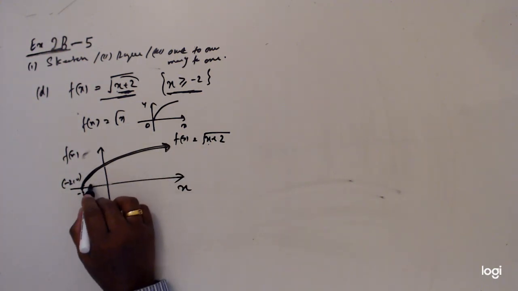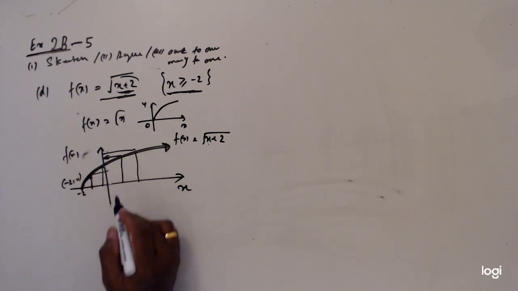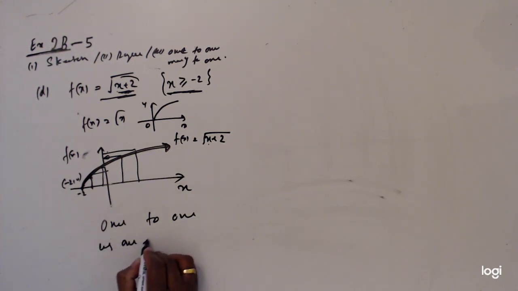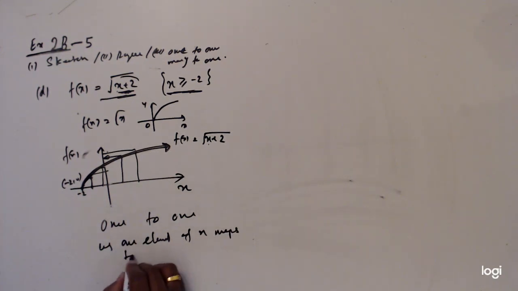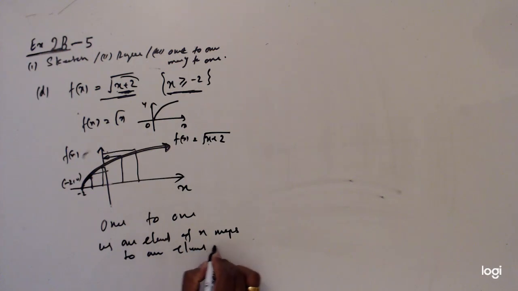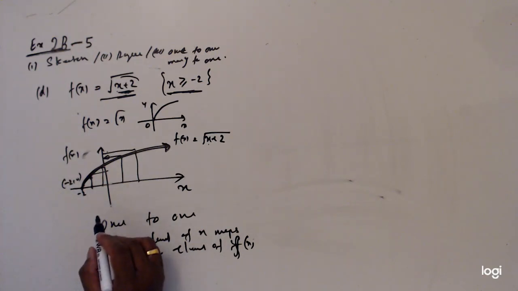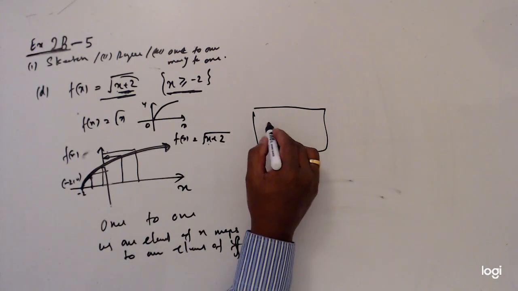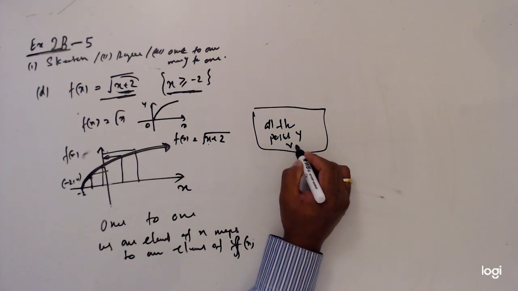and we can see that this is 1 to 1. For 1 x value, 1 y value; 1 x value, 1 y value. This is 1 to 1, as one element of x maps to one element of f(x). And what is the range? Range means, in this box, all the possible y values or f(x) values.